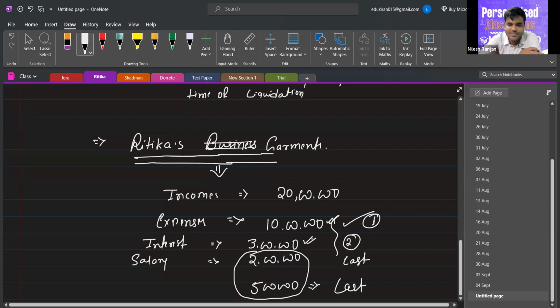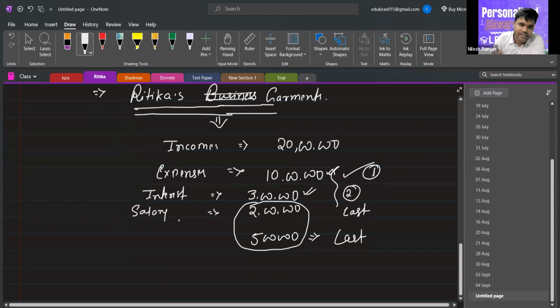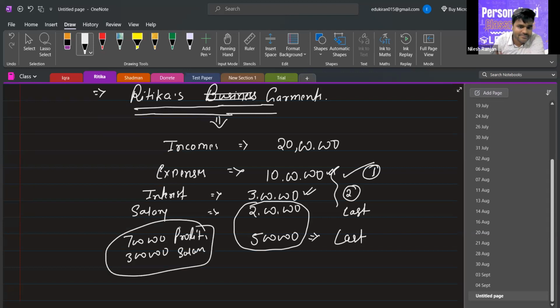Yes, we cannot do this because let's say we have calculated 5 lakh. Let's say our expectation is 7 lakh profit. And 3 lakh salary also. So total is 10 lakh. So in 20 lakh, we will take this first, then the balance 10 lakh will be paid to expenses.